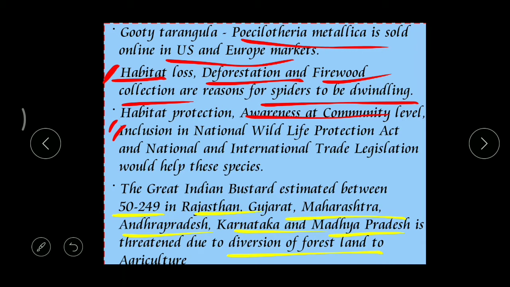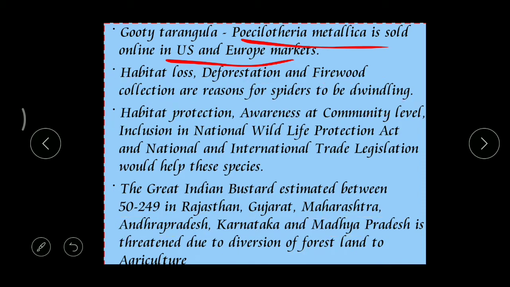Just because of this reason, the number of great Indian bustards is getting less and less. These are the reasons and measures we need to follow to control the disappearance of these two species. Already I showed you pictures of these two animals.